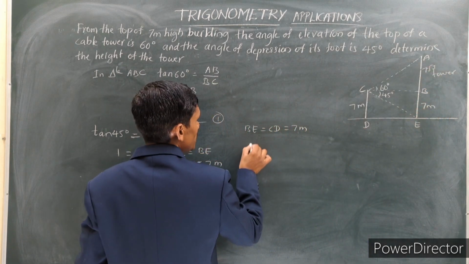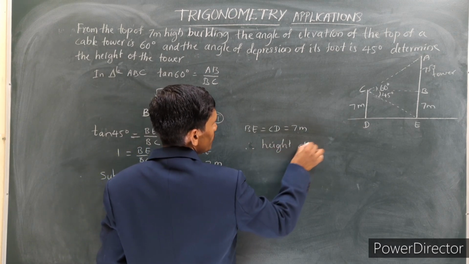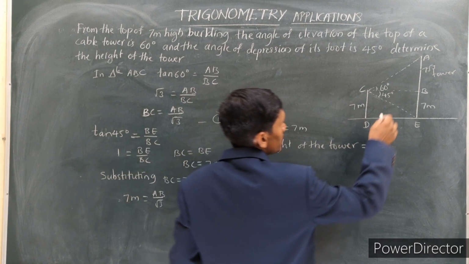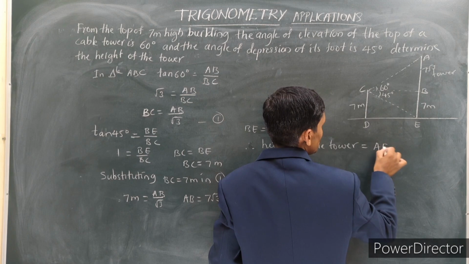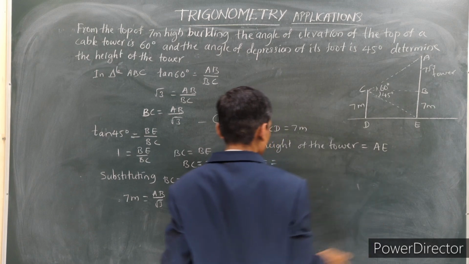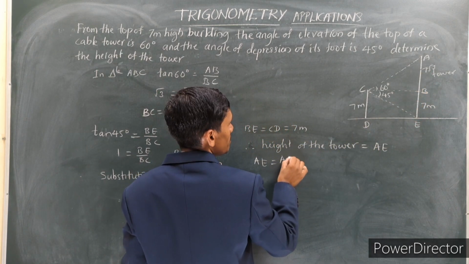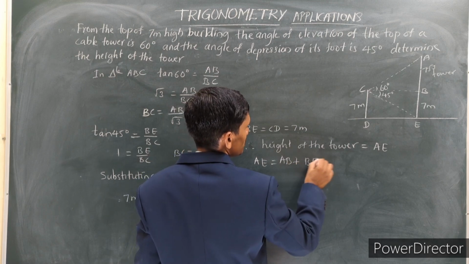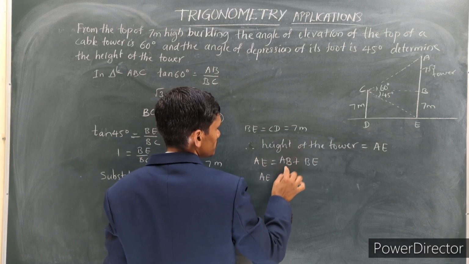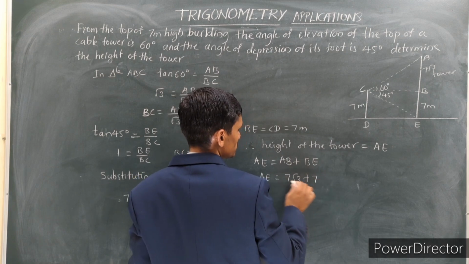If you want the height of the tower, therefore height of the tower is equal to AE, the total, right? Then can I write this AE as AB plus BE? Because this is the sum of these two sides. Now AE is equal to AB, that is 7 root 3, plus BE, that is 7.